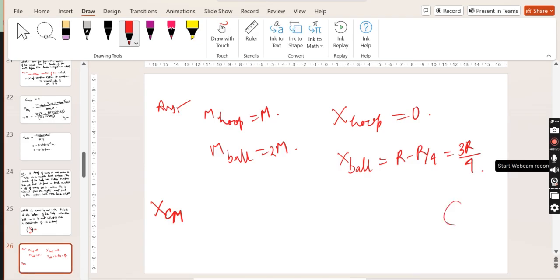Basically, when the ball moves from here, the whole system will move in some direction. They haven't asked for the direction, only the position.